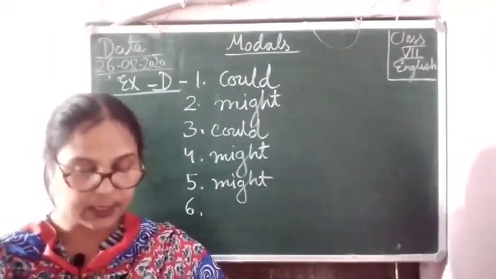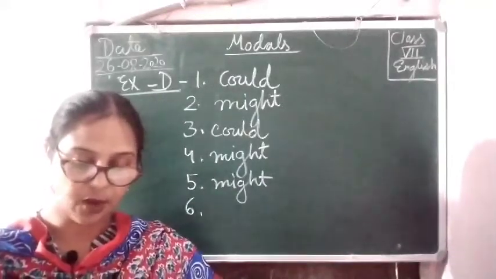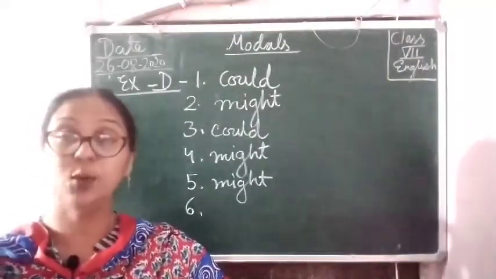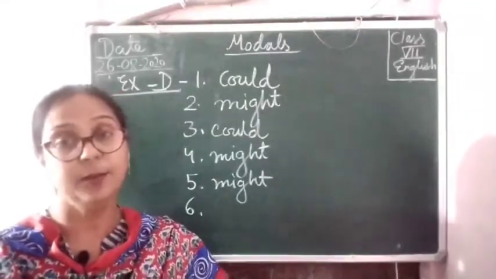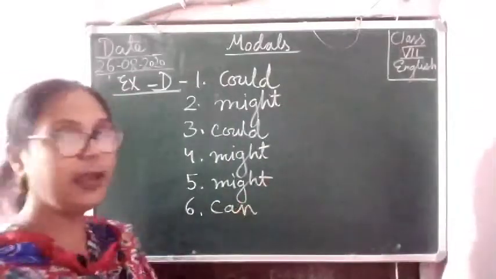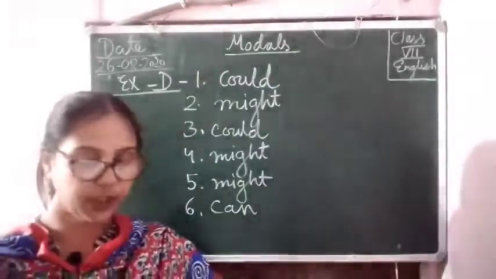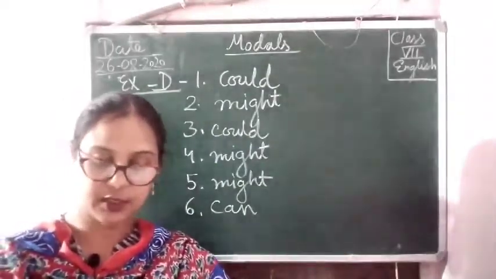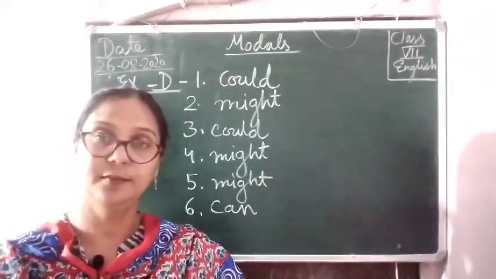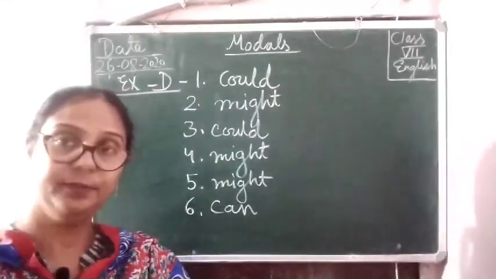Now number 6: The television channels dash show the match since it is of great interest to the people. Occasional possibility. So occasional possibility will be shown by can. In 6 we are going to write can. So the sentence: The television channels can show the match since it is of great interest to the people. Now we are moving to number 7.